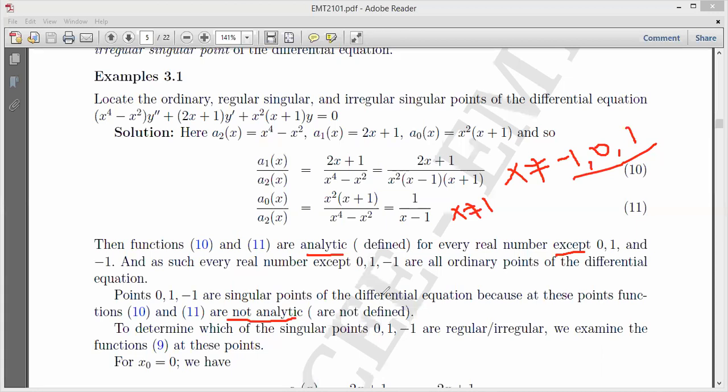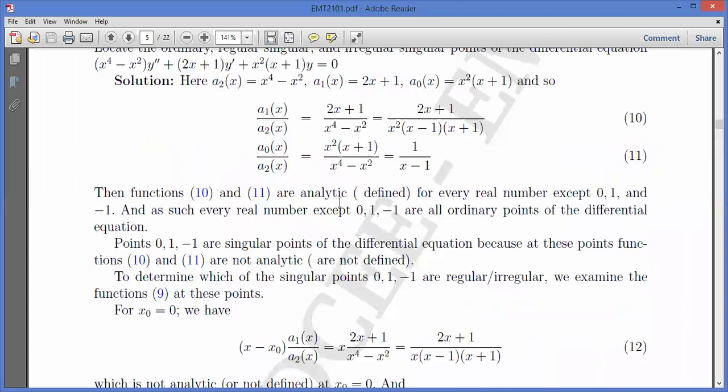Then for us to know whether they are singular, irregular, or regular, we can just go ahead and we deal with this and we substitute. Here you check for each of these points independently. So you consider minus 1, you consider 0, and then you consider a 1. That's what we are trying to demonstrate here.